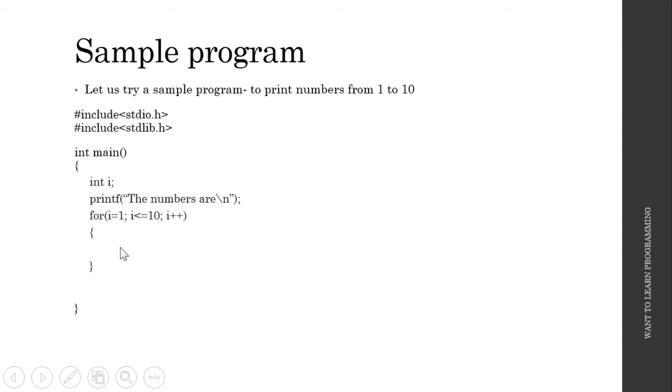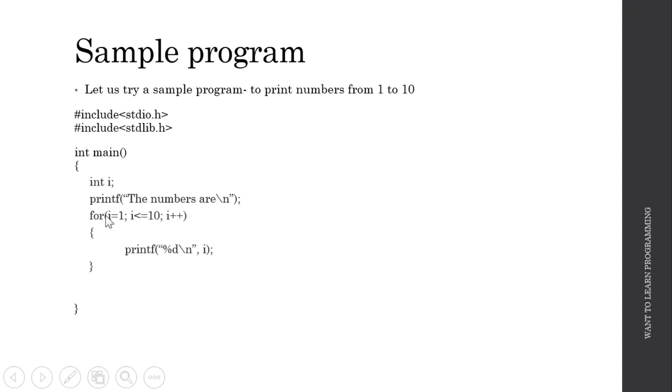Next, the increment value is i++. We have seen before in operators that i++ is the short form of using i = i + 1. Inside the for loop, we print %d backslash n and i.